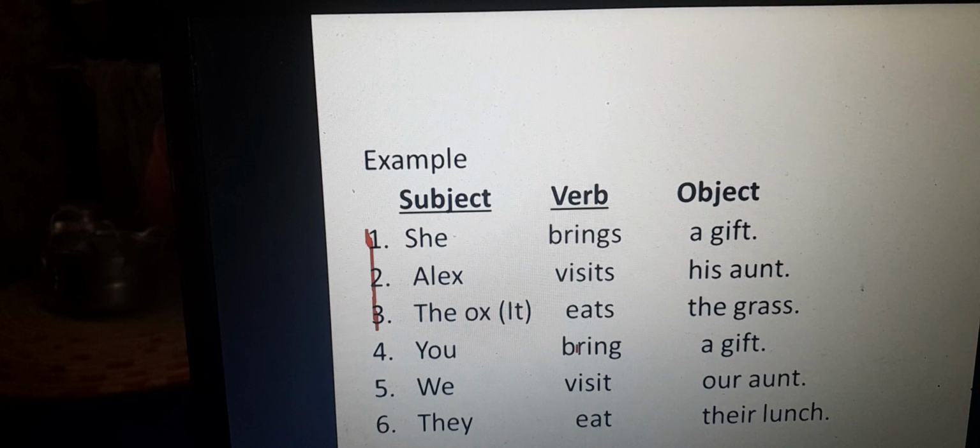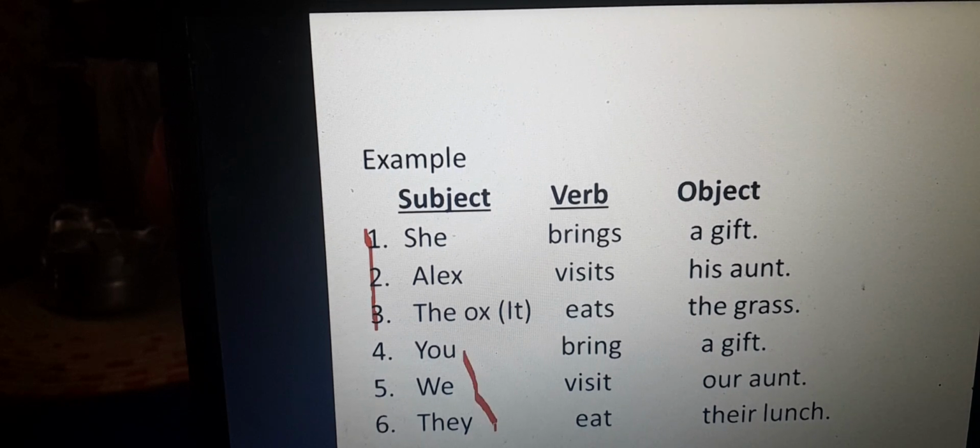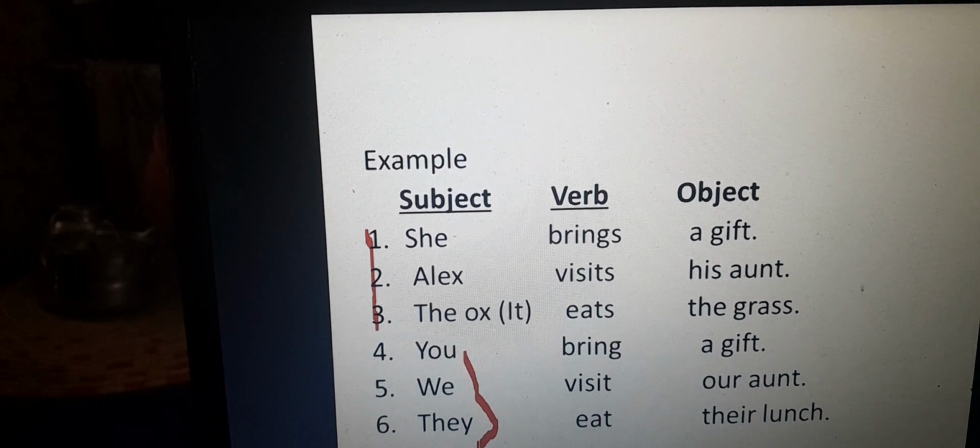But examples from number 4 up to 6 have plural subjects, and because of that reason, here we have used no suffix, okay, but for singular subjects here we have used suffixes.